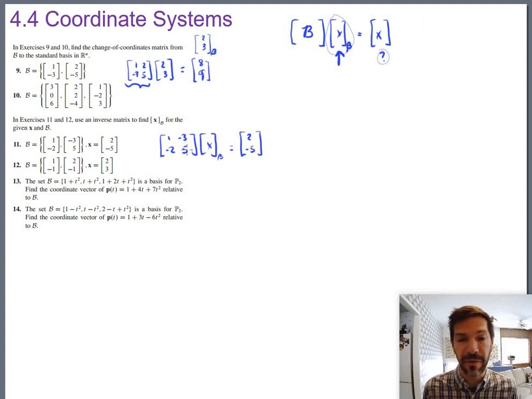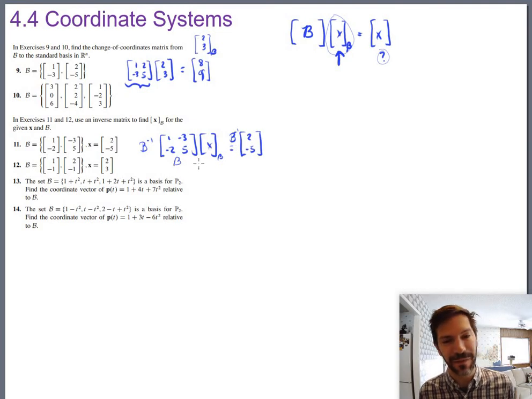We certainly could solve that by an augmented 2 by 3 matrix and row reduction. They're just specifically asking you to instead find the inverse. So if this is B, we need B inverse multiplied on the left of both sides. So you'll just have to go through the process of finding the inverse. They just want you to not forget the inverse, basically.